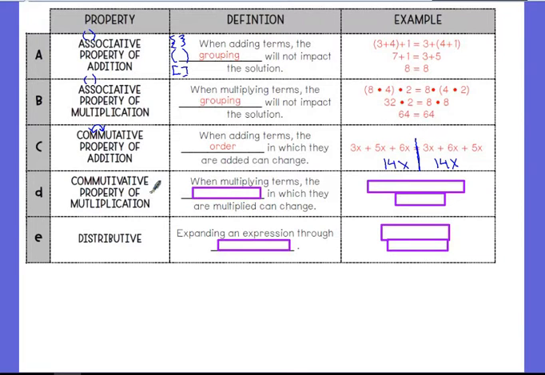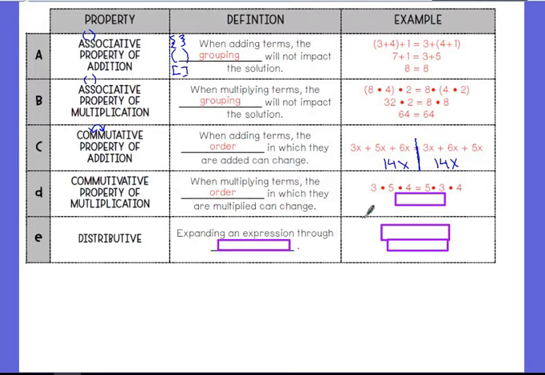Then we have commutative property of multiplication. When multiplying terms, the order in which they are multiplied can change. So same thing as addition, now multiplication. If I have straight multiplication, I can shuffle up the numbers, still multiply them together, and get the same answer.